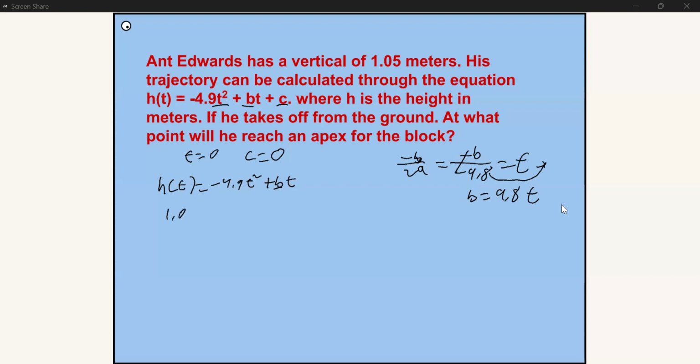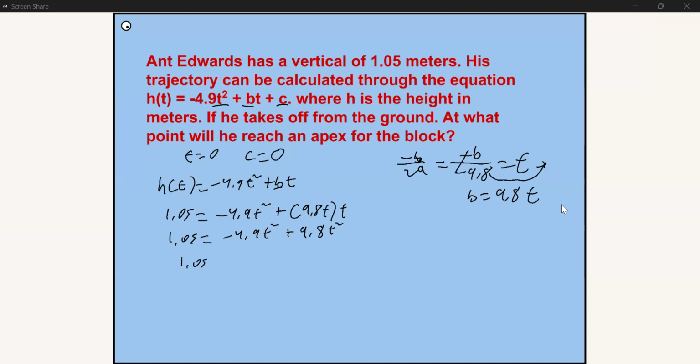So we're going to get 1.05 equals negative 4.9t squared plus 9.8t squared.